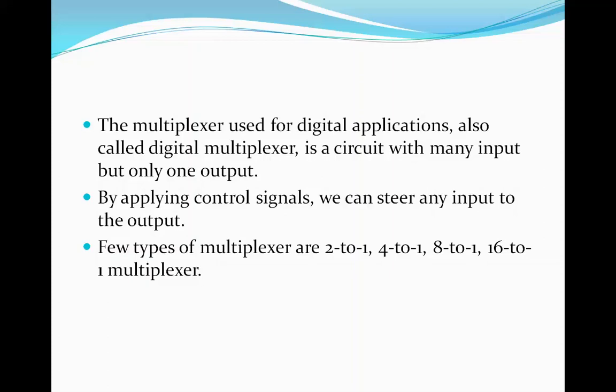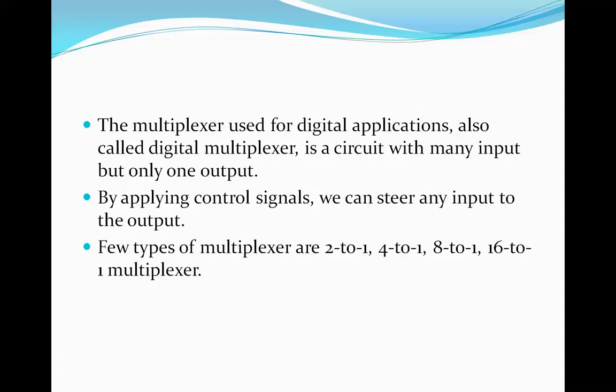So in multiplexers we apply these control signals. They can steer any input to the output. That means if we have n inputs, based on the selection lines of the multiplexer, any one among these n lines is selected as the output of the multiplexer.